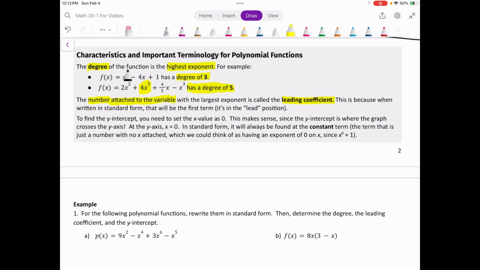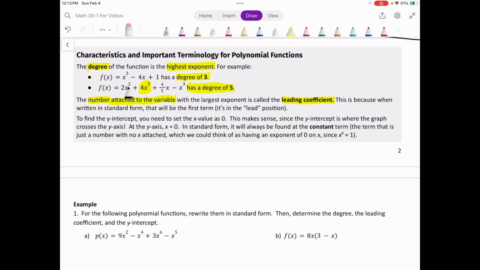So the coefficient of this term would be our leading coefficient. So in this example here, it's just 1, right? This has a coefficient of 1. We often don't write in that 1 because 1x cubed is the same as just x cubed, but that would be its leading coefficient, 1. What would be the leading coefficient in this one? Can you pick it out? It would be 4. Good, right?